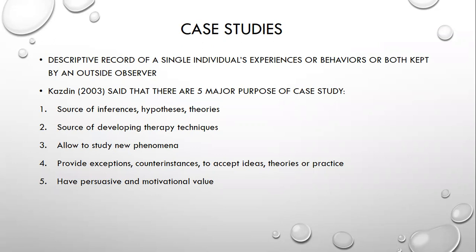So for example, this approach provided the first systematic data on development of children's motor, cognitive, and linguistic abilities. So by making extensive records of behaviors of individual children, early researchers arrived at descriptions of normal developmental sequences.